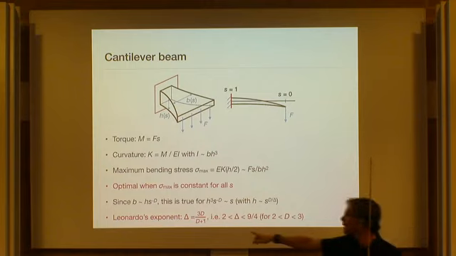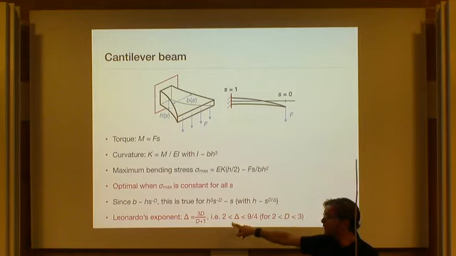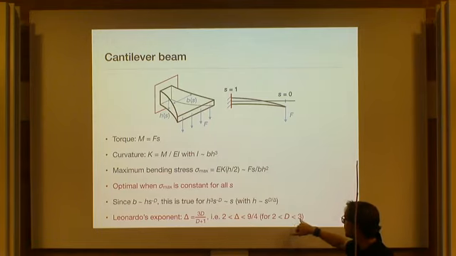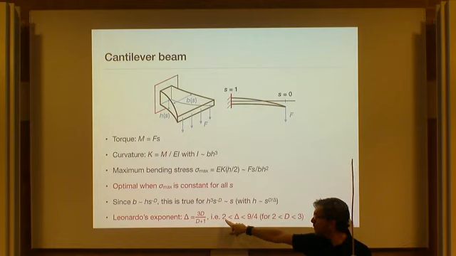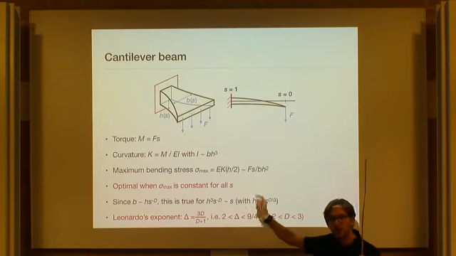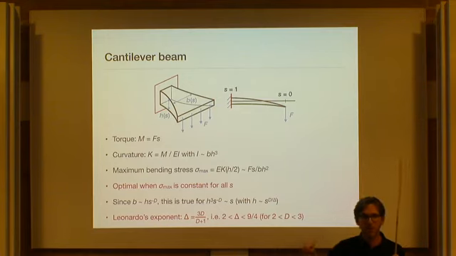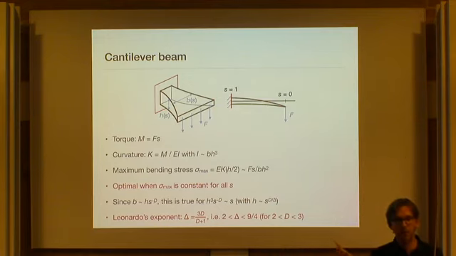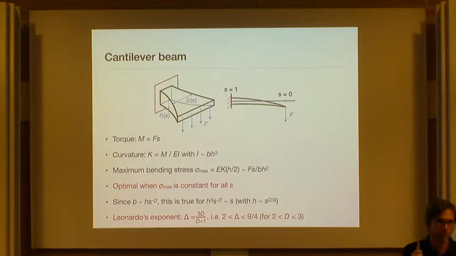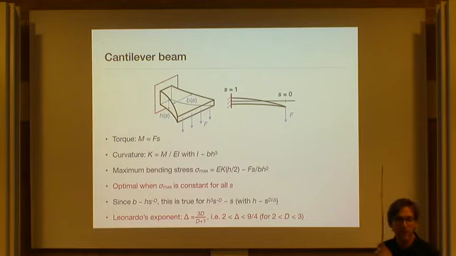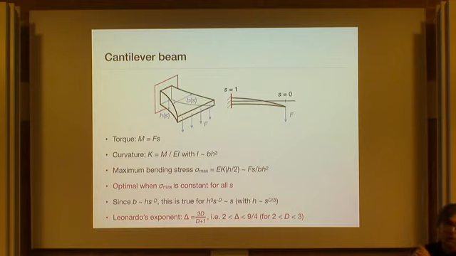So if the fractal dimension is 3 but the Leonardo exponent is 2, then the stress is the smallest at the trunk. No, sorry, the stress is larger. Your trunk is too weak.